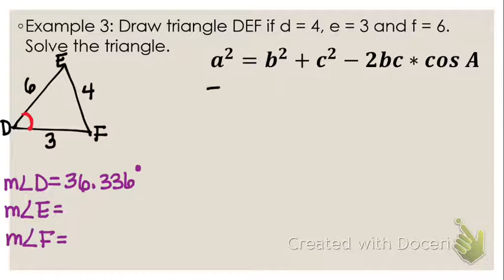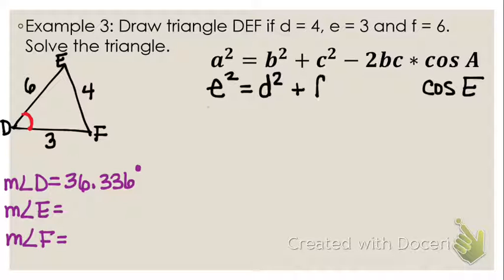If I'm looking for E, I'm going to start with little e and end with the cosine of capital E. So E squared equals D squared plus F squared minus 2DF times the cosine of E. Go ahead and type in everything you know.